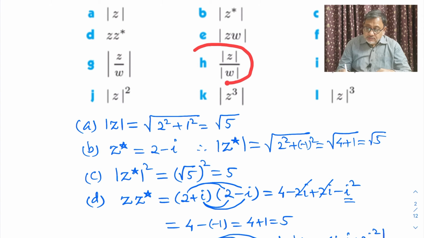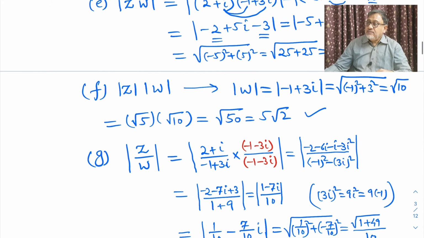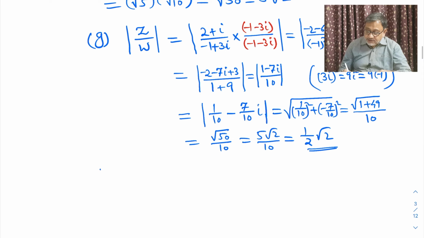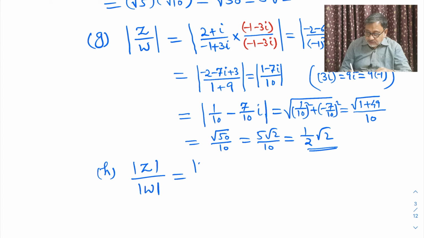Now G we have finished. The H part: modulus of z1 divided by modulus of z2. So in the H part, modulus of z divided by modulus of w. Modulus of z means modulus of 2 plus i. Modulus of w means modulus of minus 1 plus 3i.